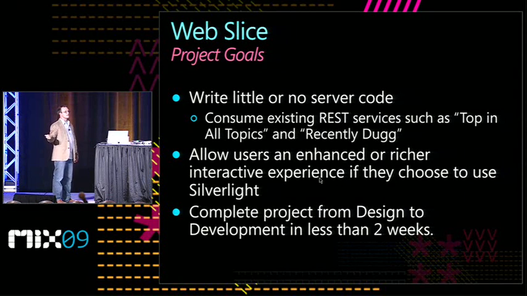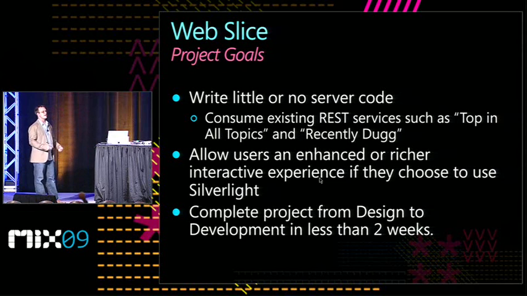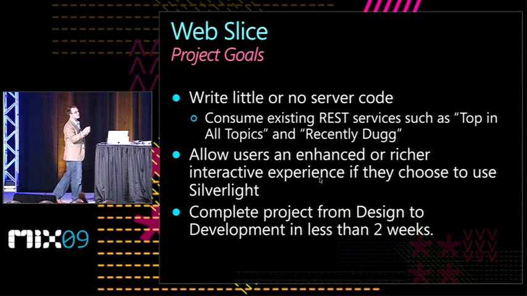So 2 weeks is a relatively aggressive time. We built the web slice with a developer and a designer. It wasn't a tremendously large staff, but to do it in 2 weeks is a pretty good undertaking. I think that talks to the ease of creating the web slice. It also talks to how easy it is to develop against Silverlight to present and consume content.